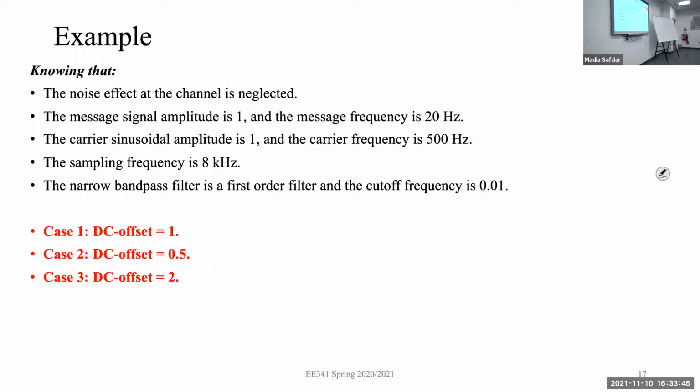Amplitude for both carrier and message is the same. Then sampling frequency is 8,000, 8 kilohertz. Is it fine? Okay, I'll keep it.